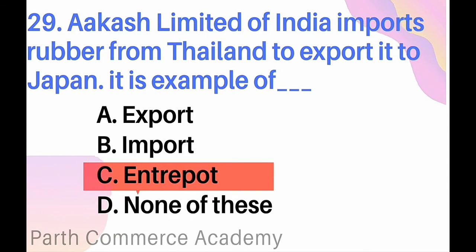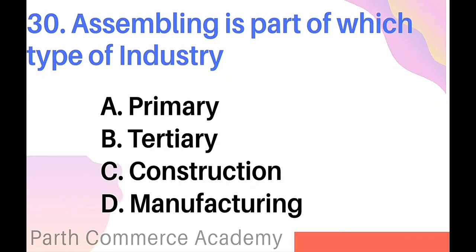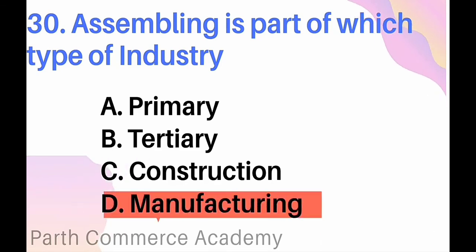Option C, interport. Last question is, assembling is part of which type of industry? Primary, tertiary, construction, or manufacturing? So we know that assembling is a part of the manufacturing industry only. So the correct answer is option D, manufacturing.